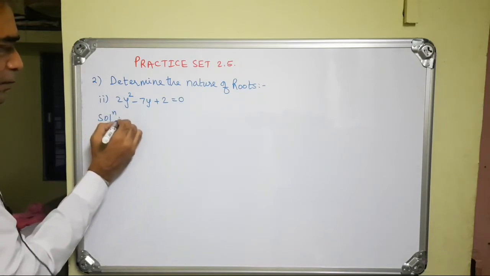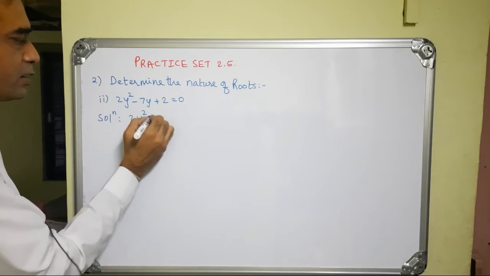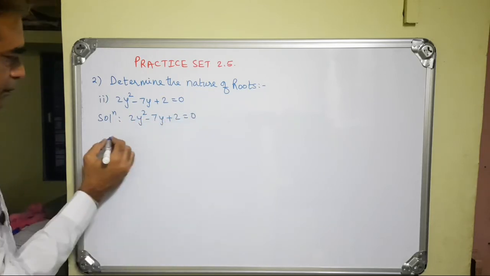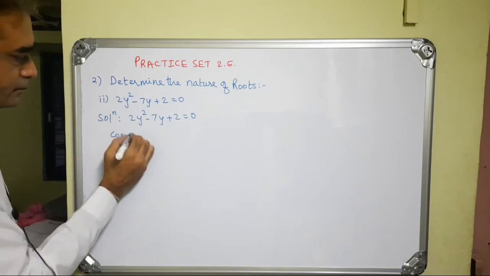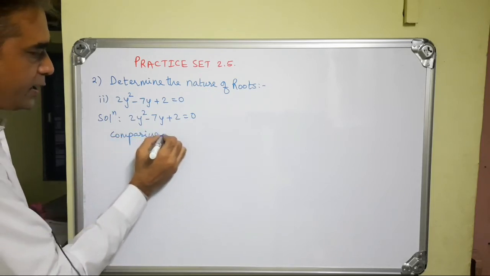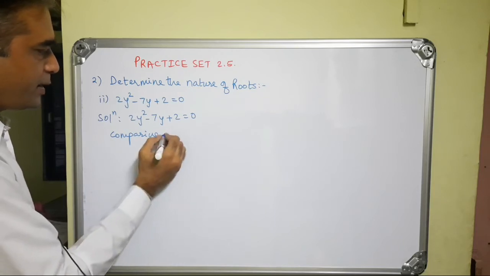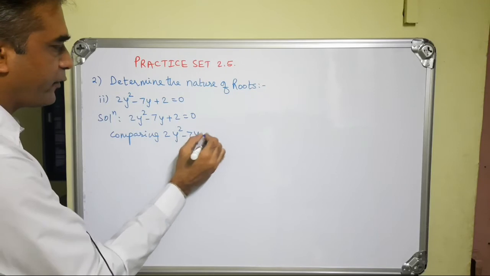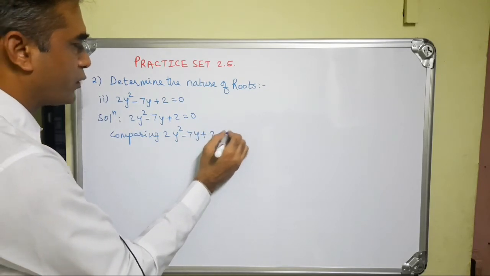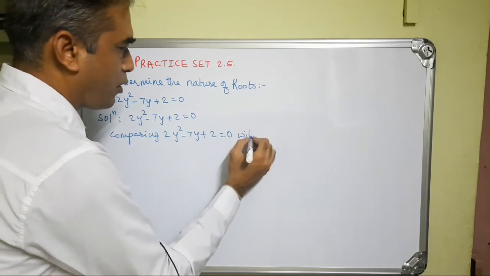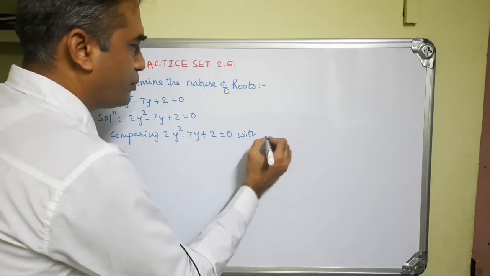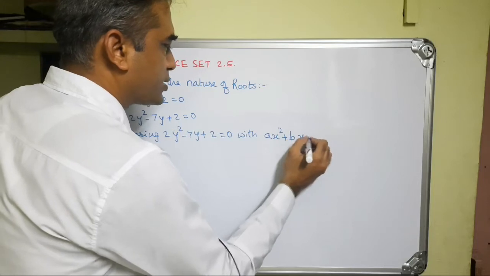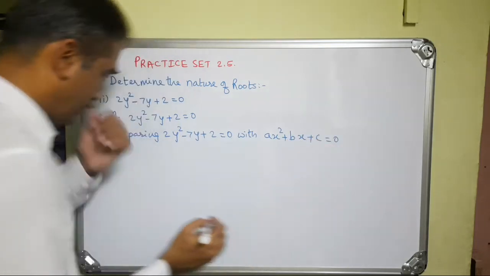Solution, given equation is 2y square minus 7y plus 2 equals 0. Comparing the equation 2y square minus 7y plus 2 equals 0 with the standard or general form, that is ax square plus bx plus c equals 0.